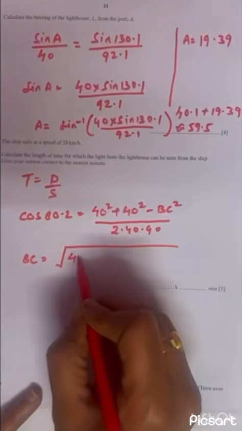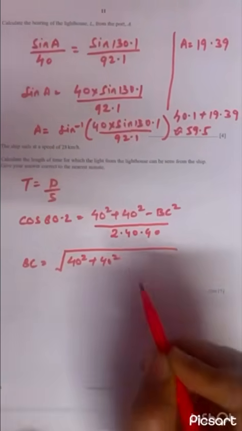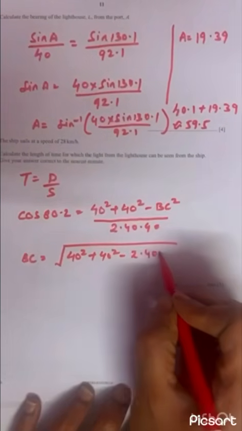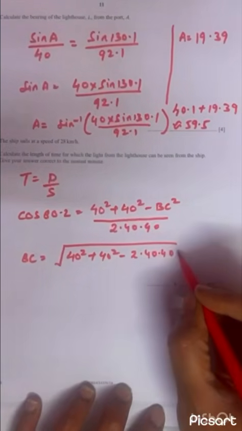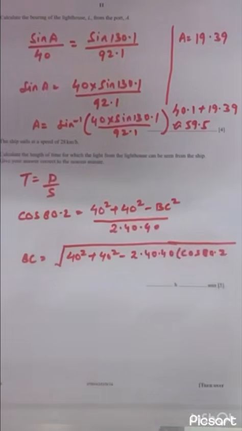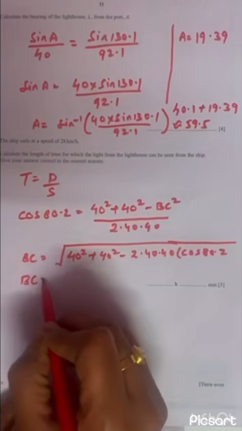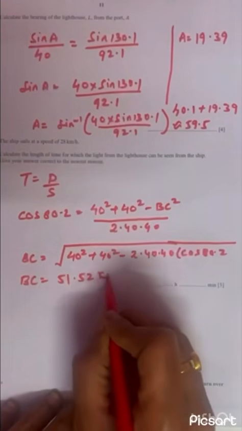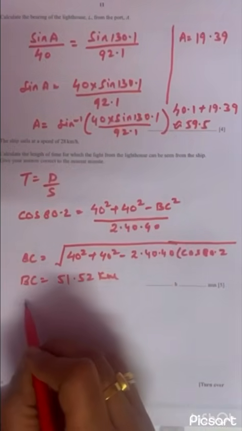It will become 40 square plus 40 square minus 2 times 40 times 40 times cos 80.2, all in a root. So I will calculate this distance BC, and when I calculate it, it is roughly 51.52 kilometers.